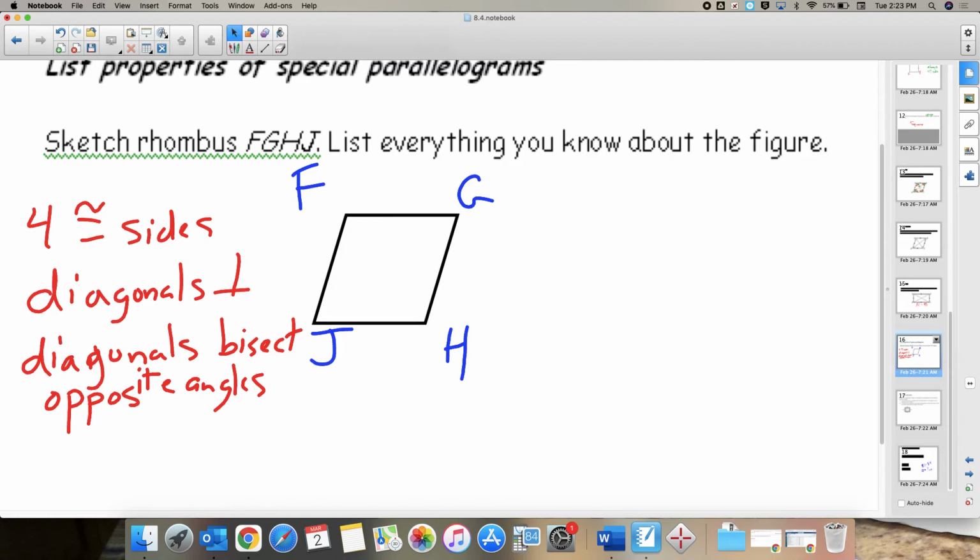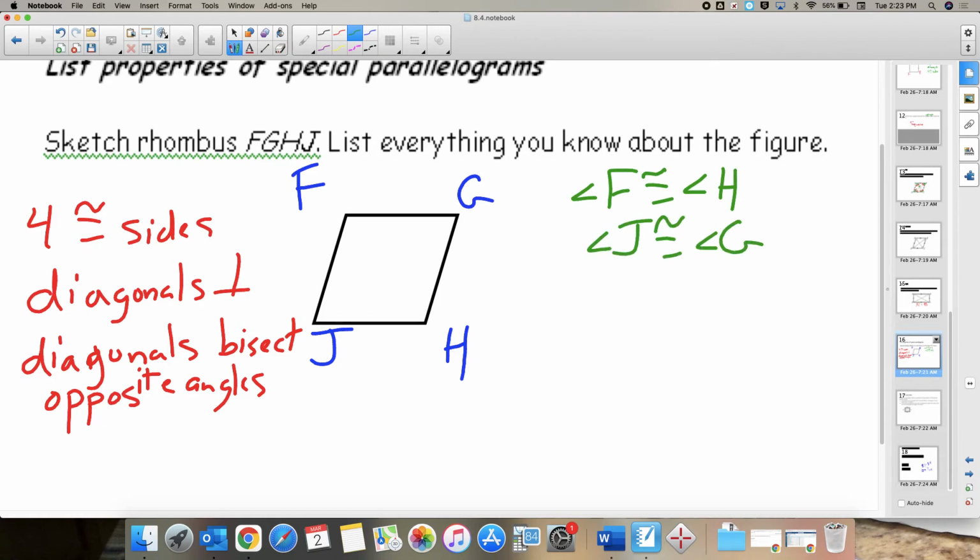However, a rhombus is a parallelogram, so all those properties that a parallelogram had, a rhombus will also have. Such as opposite angles are congruent. Angle F is congruent to angle H. Angle J is congruent to angle G. The opposite sides are congruent. FG is congruent to JH.